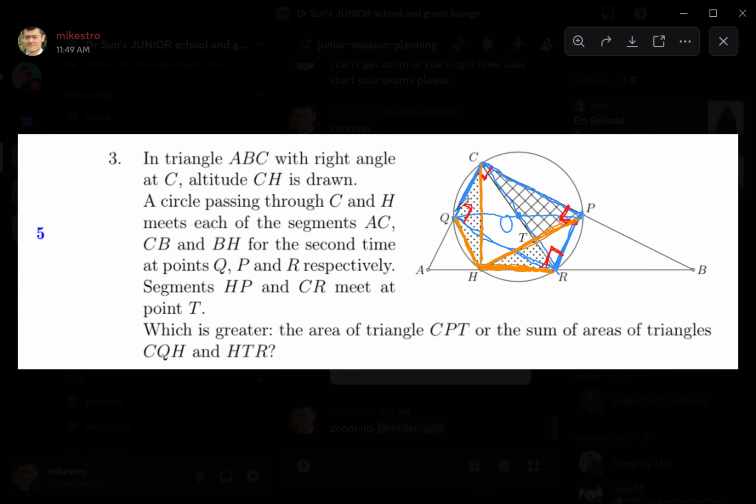Does that make sense? And what's the height of these triangles, the orange ones?